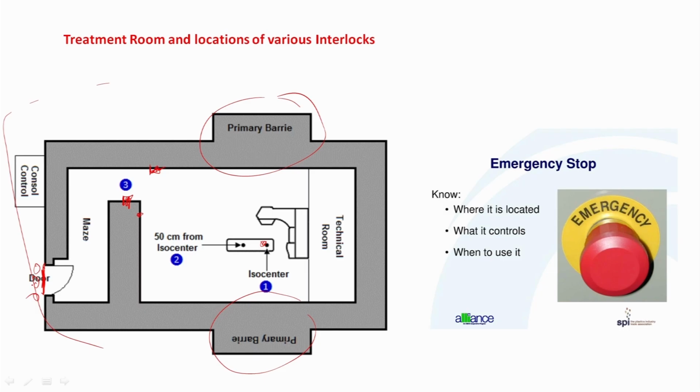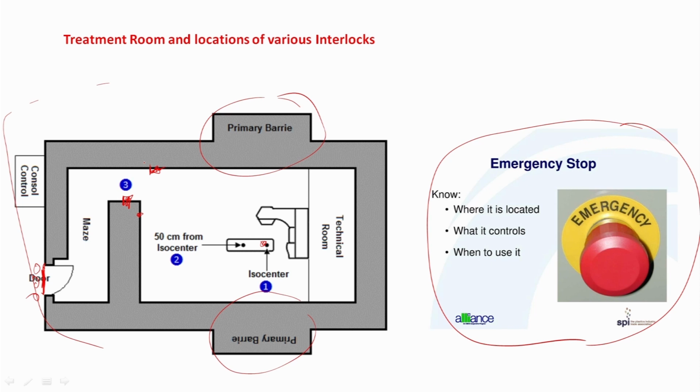Besides this, there is one more safety, I cannot say a safety interlock, but it is for emergency situations: emergency switches, which help to prevent any accident during the treatment of a patient. Several emergency switches are placed on a machine and in a bunker, and these are a requirement from the regulatory body of a manufacturer.